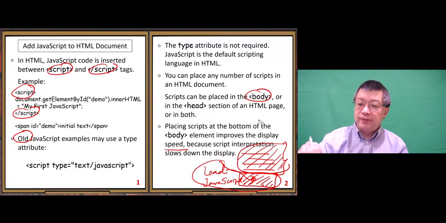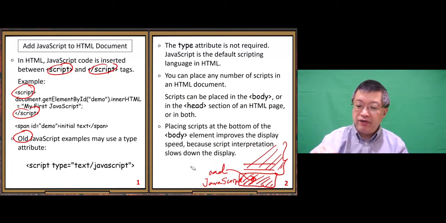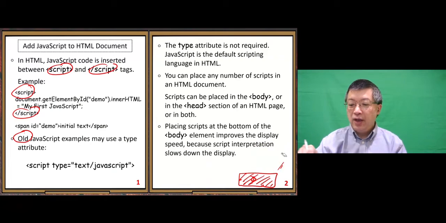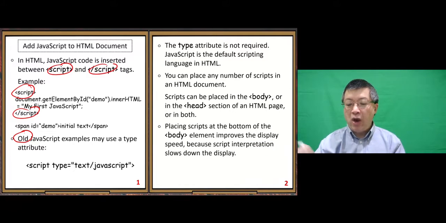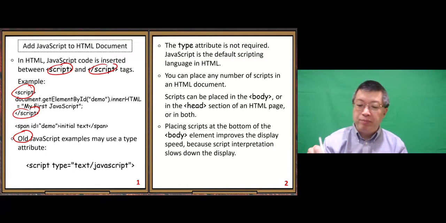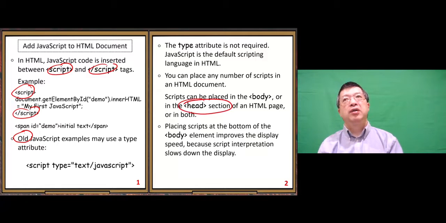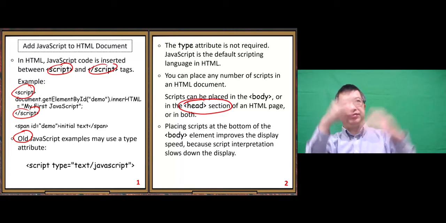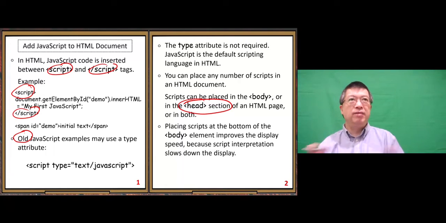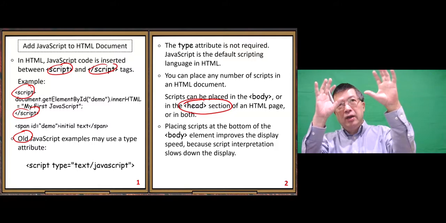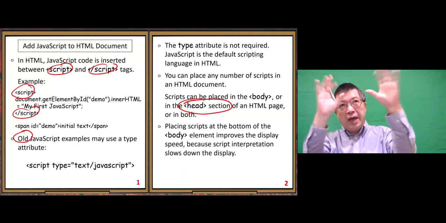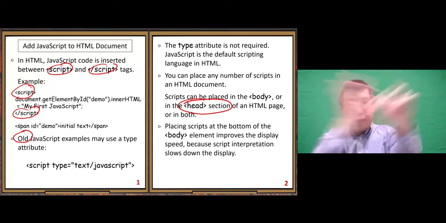But the situation is quite different right now. Most programmers like to put JavaScript code in the head section because it is more convenient to use. Although it's okay to put it at the bottom, and some programmers still do, most web programmers like to put it at the header section.